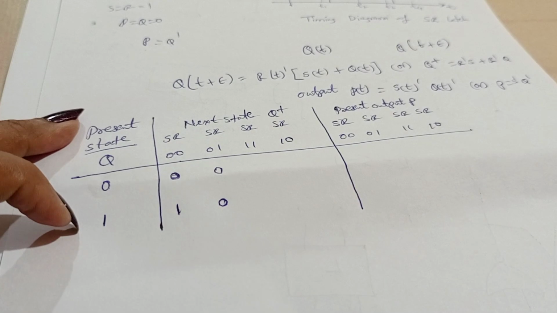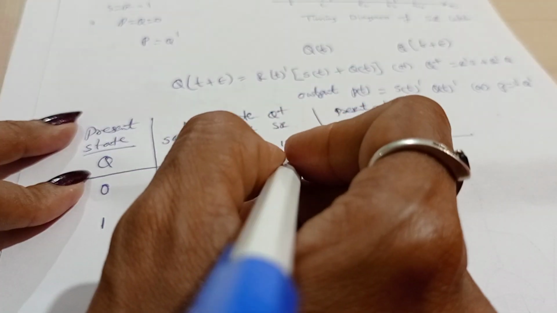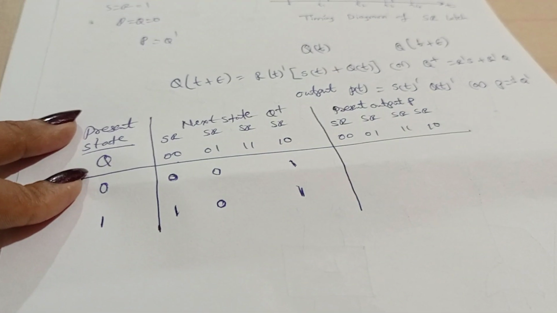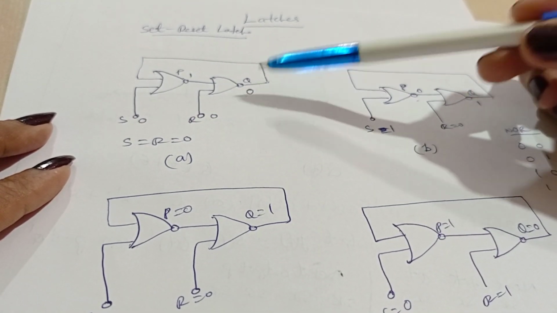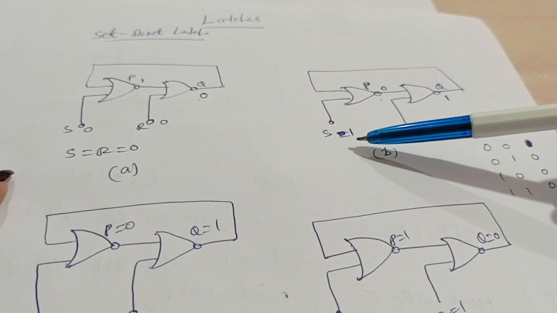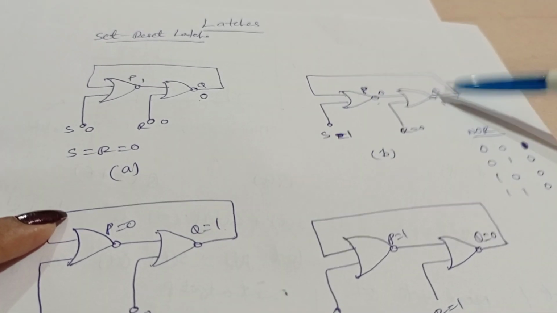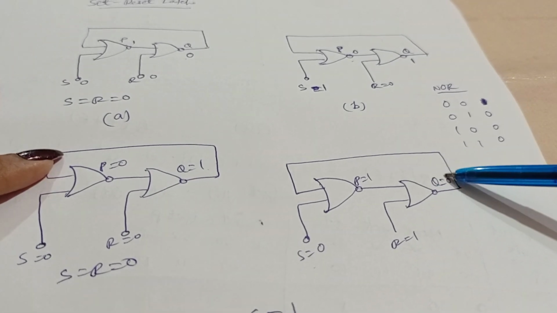Same as when S is equal to 1 and R is equal to 0, Q becomes 1, that is set. By this, for S equal to R equal to 0, Q is 0 or it may be 1. When S is equal to 0 and R is equal to 1, then Q is 0.